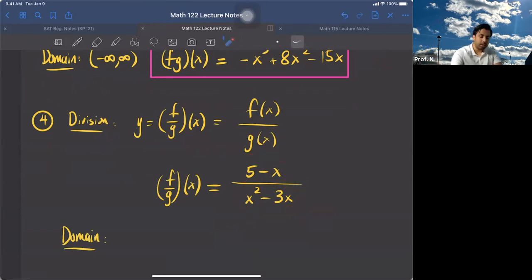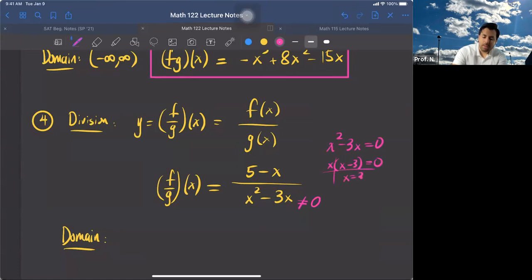But the issue is, what's the issue? The denominator cannot equal 0. So there are x values that make my denominator equal to 0. So what do we do? We find those x values that make my denominator equal to 0, and then we exclude them from the domain. So we say, hey, x squared minus 3x could equal 0. Factor out the x, and you get this.